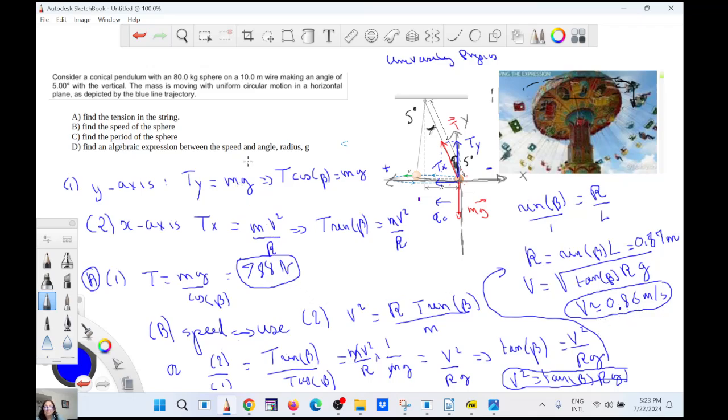And then find the period. You see that the speed is 2 pi r over the time. So the period is 2 pi r over the speed.